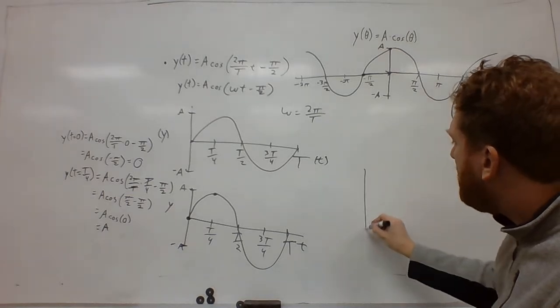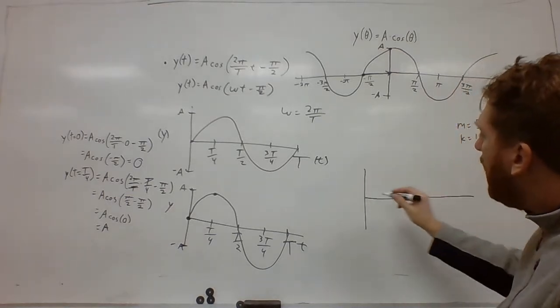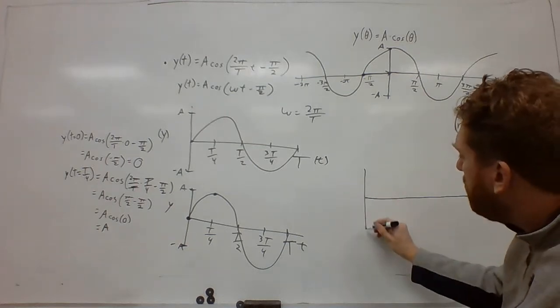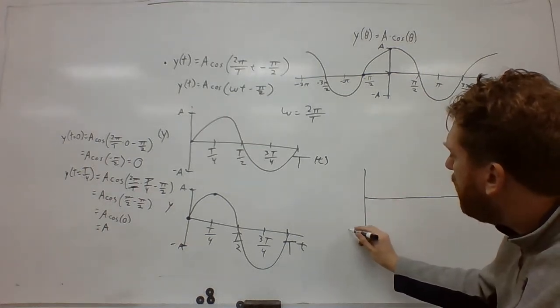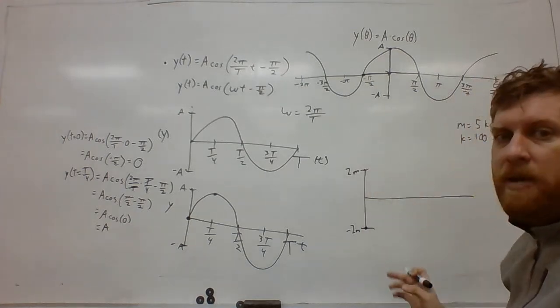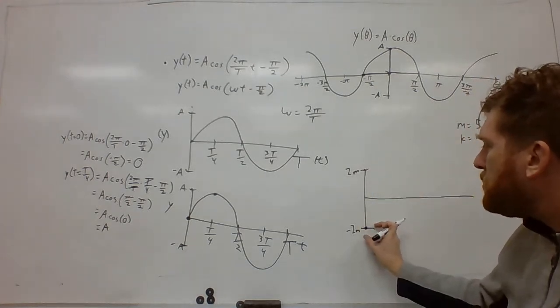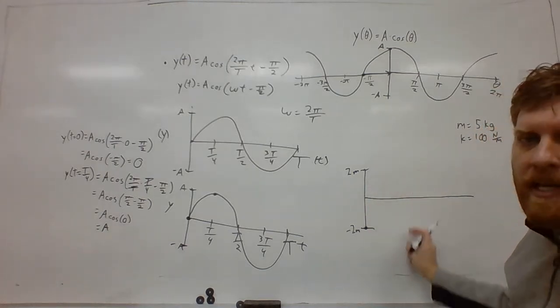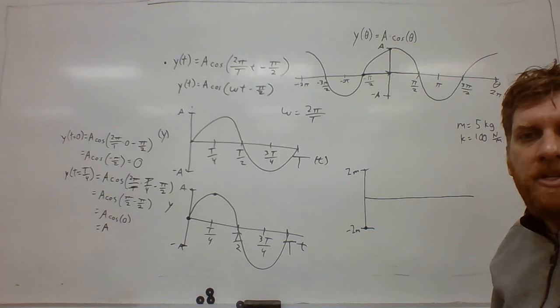So if I draw a graph, I'm starting out at time equals 0, 2 meters below equilibrium. I know that 2 meters then will be my amplitude, because if I pull it down 2 meters, it'll go up 2 meters, down 2 meters, and it'll continue oscillating, as long as we don't lose energy to friction.